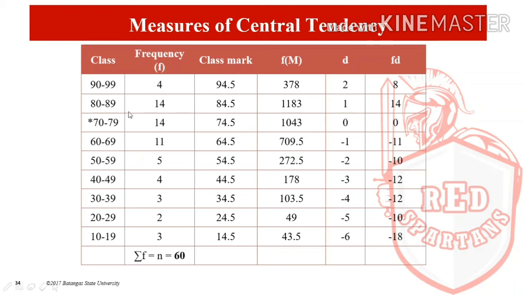So, ano ba yung ating Fc? Yung Fc natin is the summation ng frequency below the class interval containing the middle value. Ito yung cumulative value or yung sum ng 11, 5, 4, 3, 2, and 3 na equivalent sa 28.